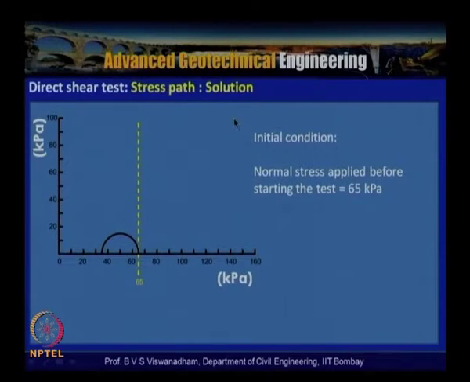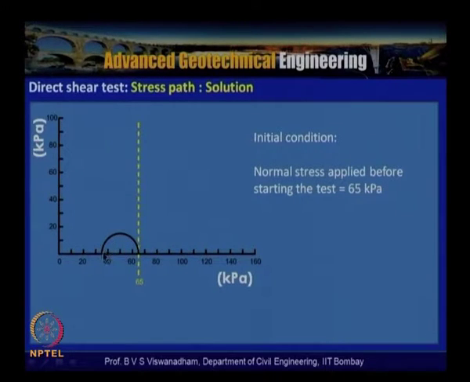So initially, when normal stress is applied at the start of the test, the 65 kilopascals is located here. Being a silty sand, the friction angle is given as 32 degrees. Using Jaky's formula, K0 is equal to 1 minus sin phi, so 1 minus sin 32 degrees, and the horizontal stress comes out to around 35 kilopascals.